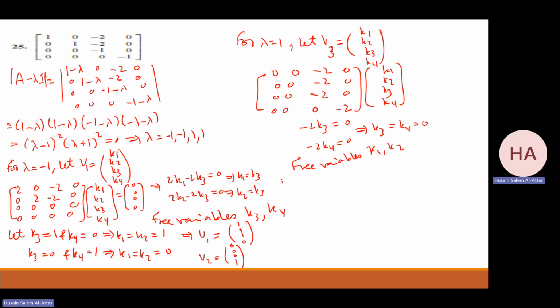So I let K1 equal 1, K2 equal 0, and K1 equal 0, K2 equal 1. If I'm doing this, K3 and K4 always equal 0. So V3 will be 1, 0, 0, 0, and V4 will be 0, 1, 0, 0. So A is diagonalizable.